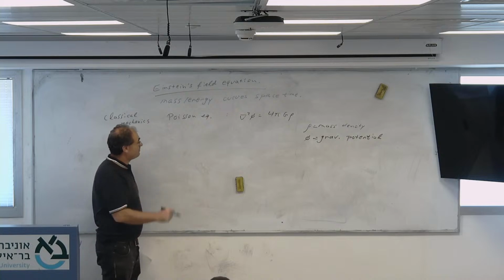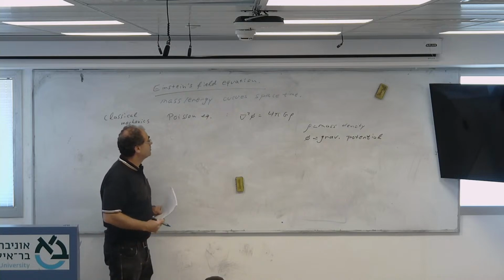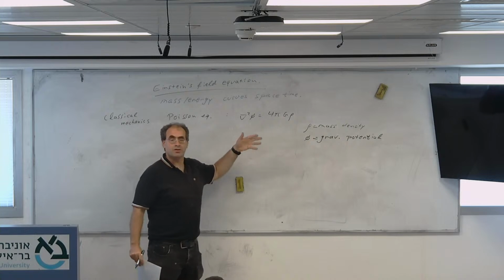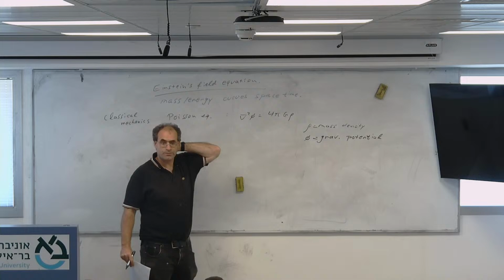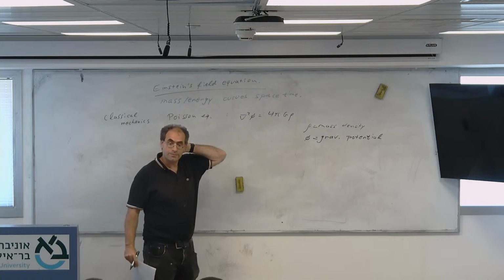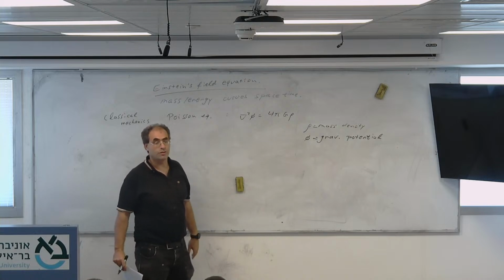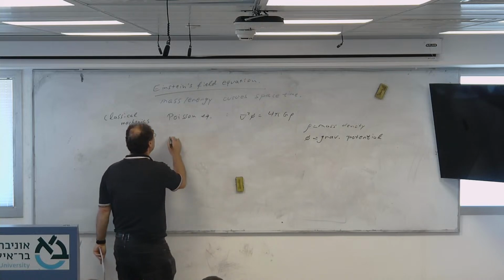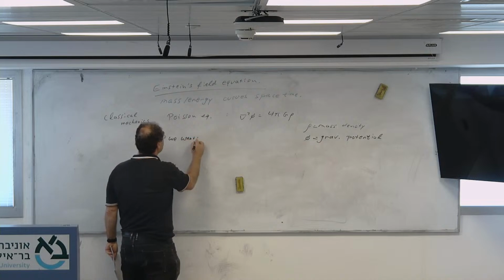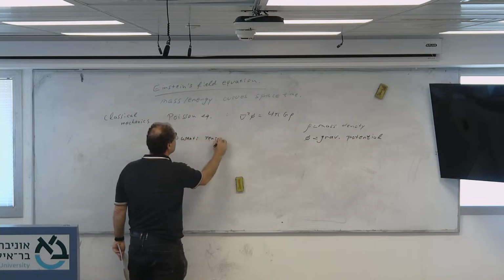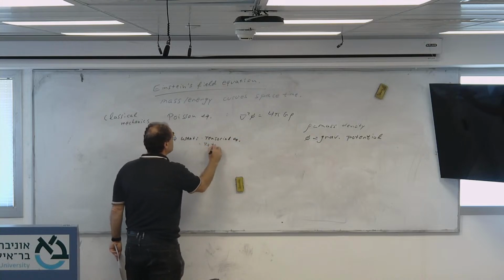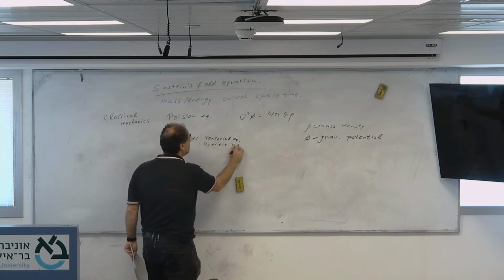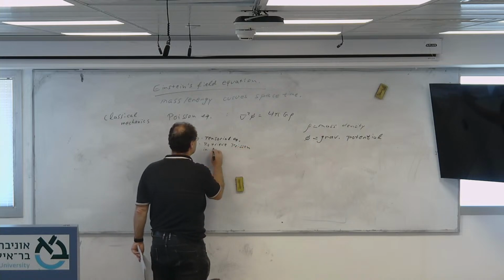So what do we want? What do we know about this equation already? It has to be a tensorial equation, that's correct. So we want a tensorial equation that retrieves the Poisson equation in the weak field limit.